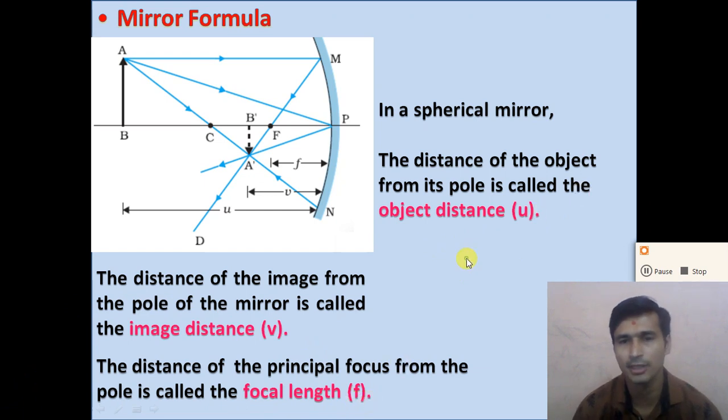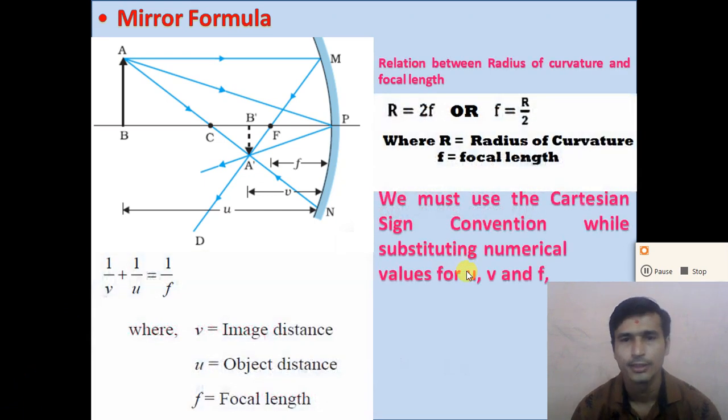Let us see. So mirror formula is 1 by v plus 1 by u is equal to 1 by f, where v is the image distance, u is the object distance and f is the focal length.